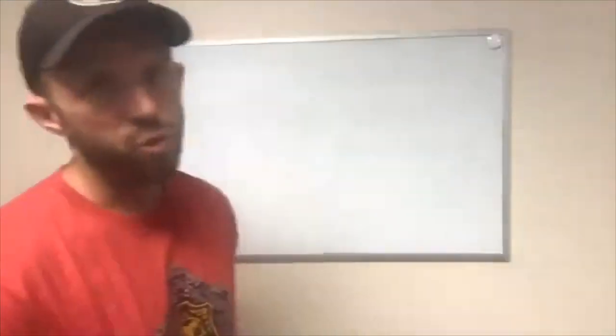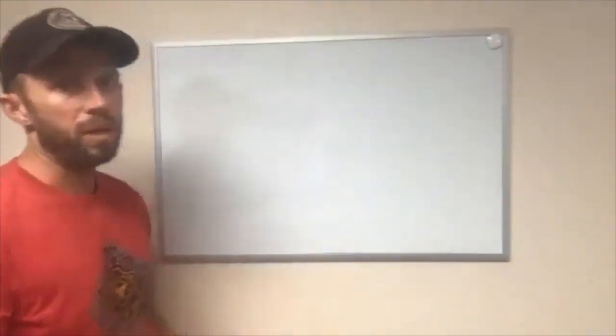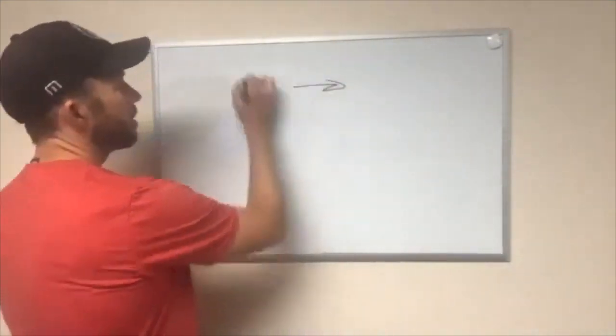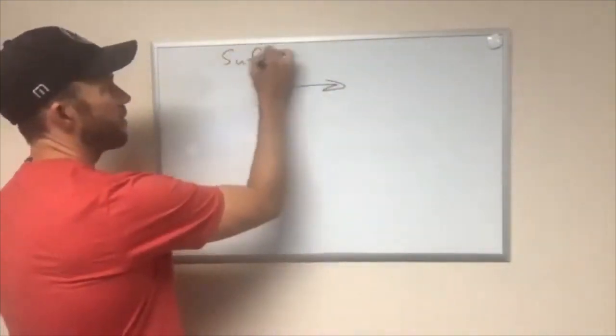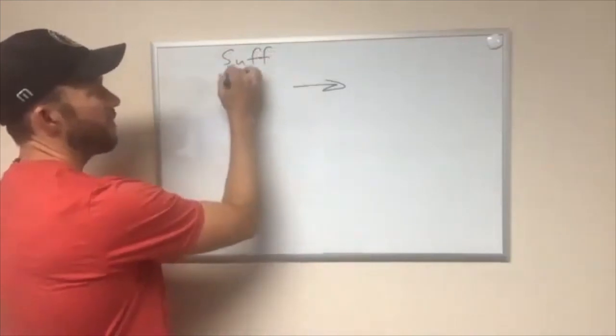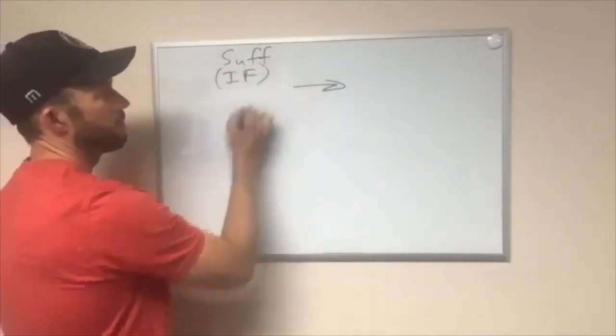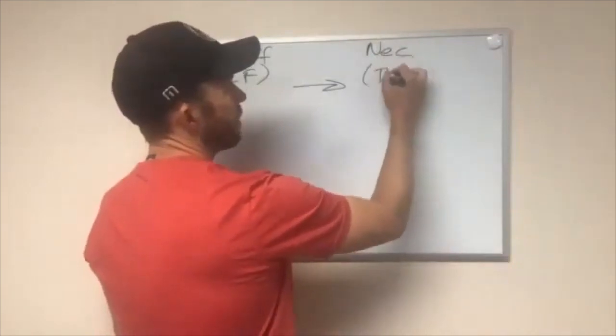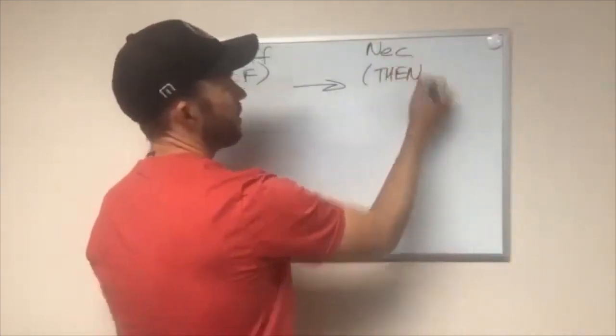And if I wanted to draw it out in the old school LSAT dogma way, using one of these arrows, the sufficient condition is on the left. That's the if. The necessary condition is on the right. That's the then.